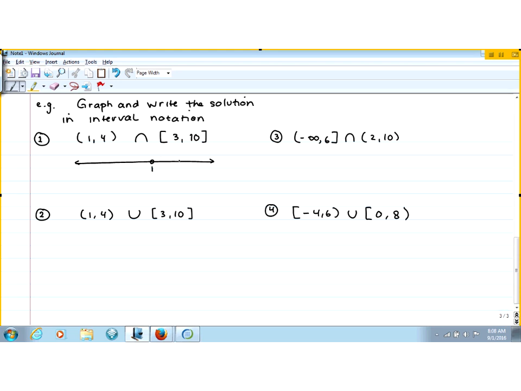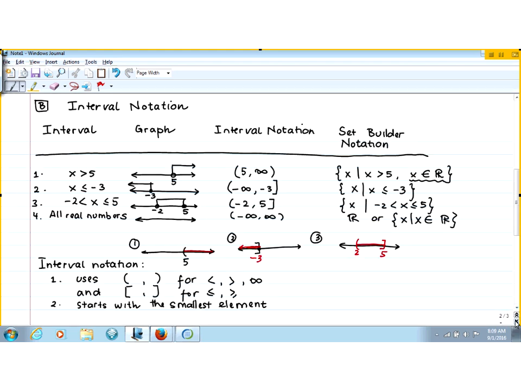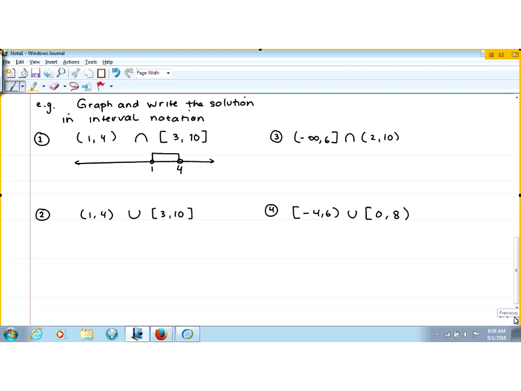Open at 1 and open at 4. Does it look like it's closed? I mean, I should probably draw a bigger circle, right? Okay. And then it's in between here. Oh, sorry. Did I draw that for my 2 and 5? I'm sorry. Can I backtrack a little bit? Oh, yeah, I did. Yes.